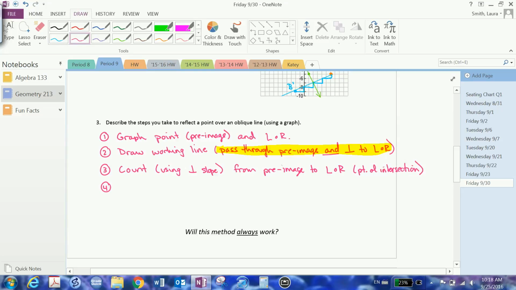Then we repeated the count on the other side. Of course, along the working line.